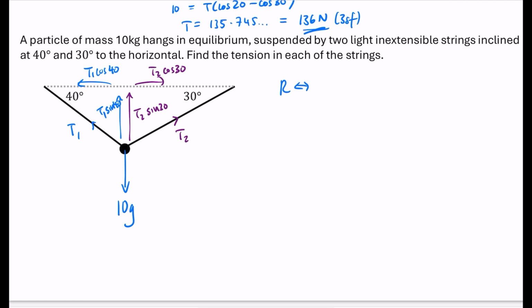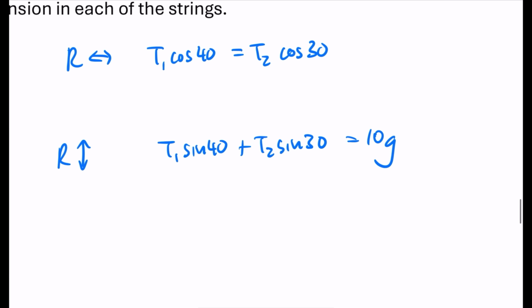So if I resolve left and right, it is just that T1 cos 40 equals T2 cos 30. And if I resolve in the up and down direction, I get that T1 sine 40 plus T2 sine 30 is equal to 10g. So it's just simultaneous equations. I just need to figure out a way of solving this. There's many, many ways of doing this.